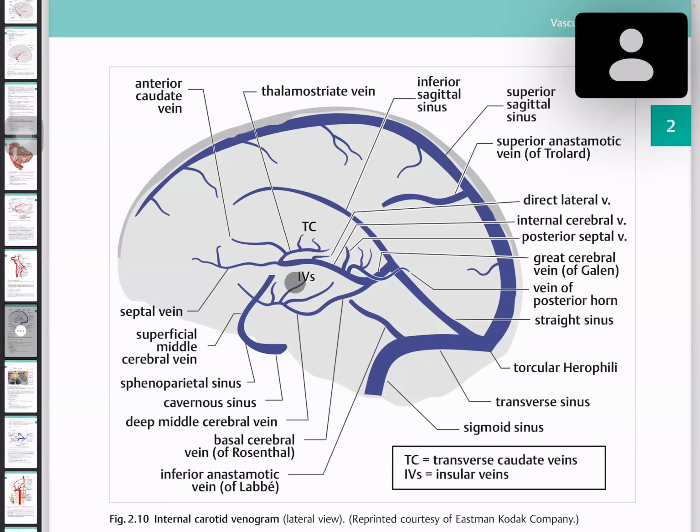We have the inferior anastomotic vein, or vein of Labbé, which will drain veins from the Sylvian fissure and connect them to the superior sagittal sinus.